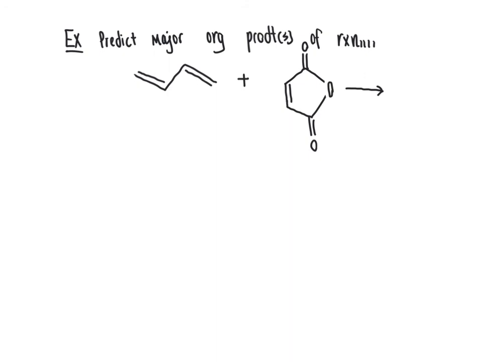So let's now take a look at this reaction where we'll again predict the major organic products. I encourage you to hit pause, try this on your own, and then hit play to see whether you got to the correct answer or not. Just like with the previous example, we have to confirm that we can take our starting diene and convert it into the s-cis conformation.